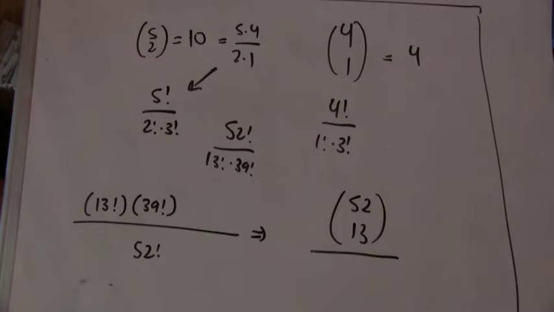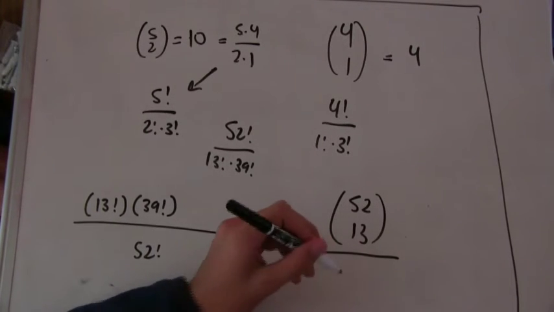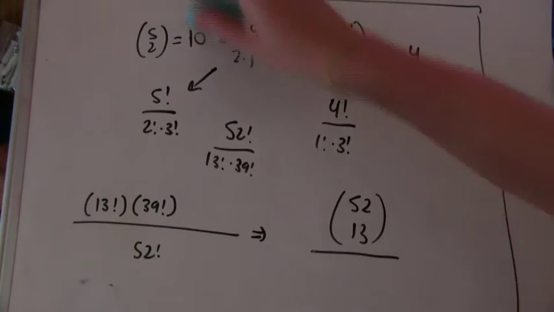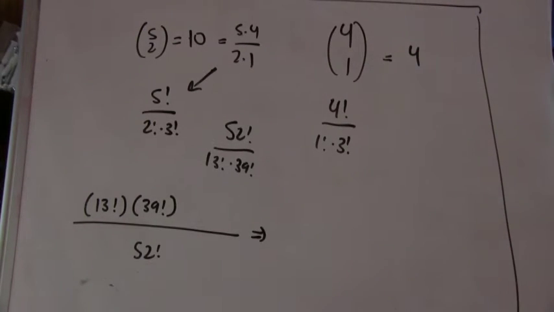And then our bottom is the total, I guess. I don't really know how to think about it in this way. Well, we're choosing 13 things, right? So what's the total number of ways to do that? 52 choose 13.